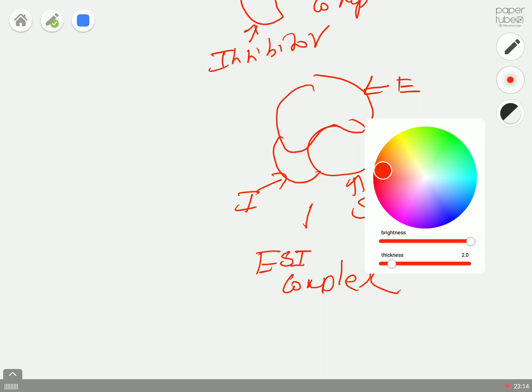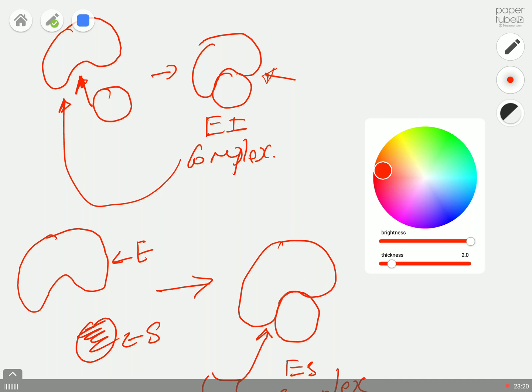This one can also decrease the rate of your enzymatic reaction. So these are some ways you can imagine how you can decrease the rate of an enzymatic reaction, and what the job of your inhibitors is.